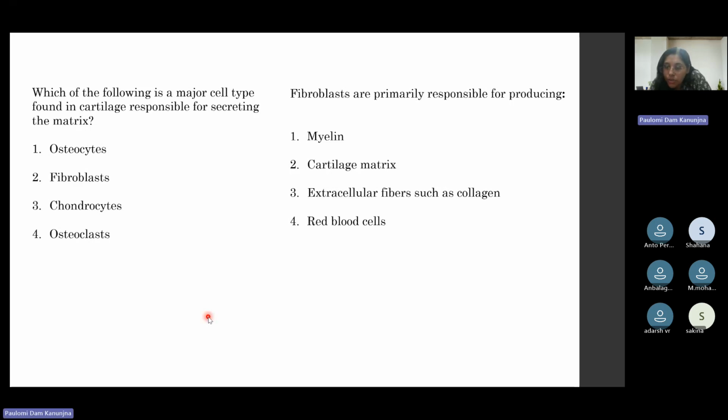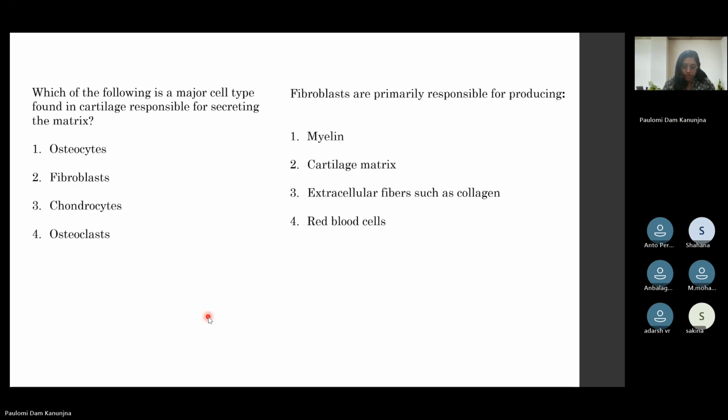Okay, nice. So you have 2 and 3 and 3 and 3. All right. Three. Okay. Anyone else wants to attempt? 3 and 3.